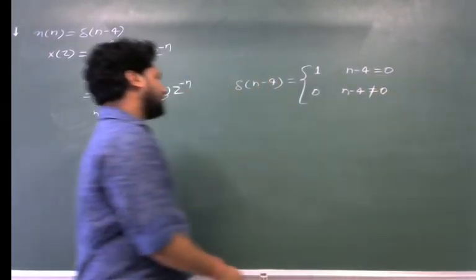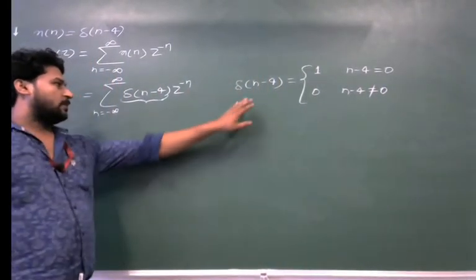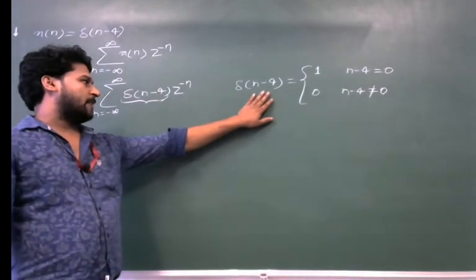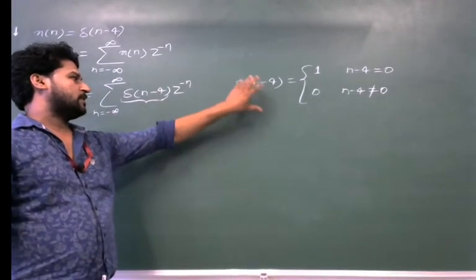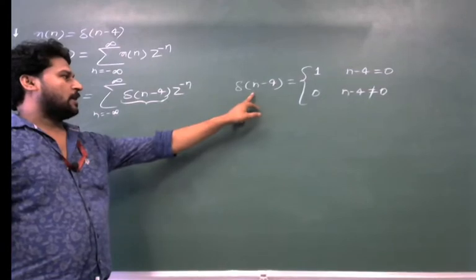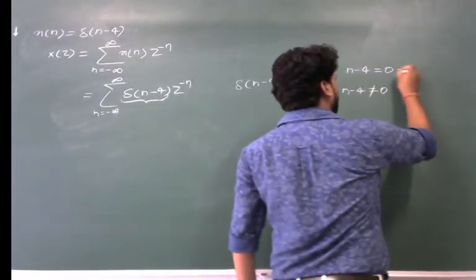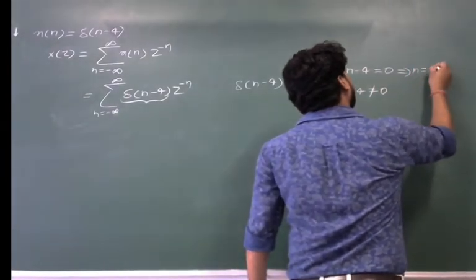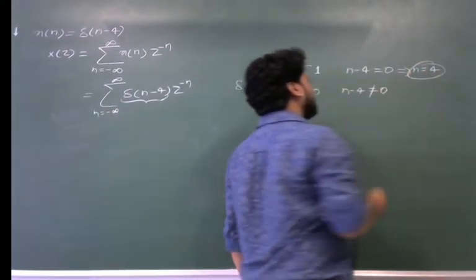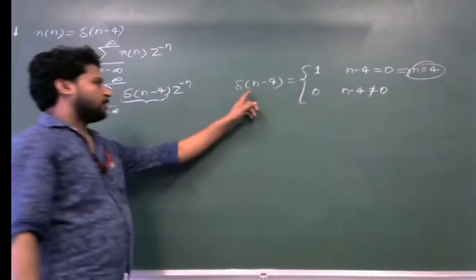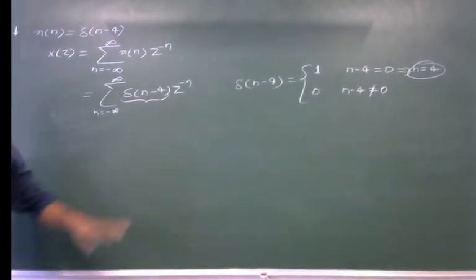Means except n minus 4 equal to 0, for the other values of n minus 4 this delta will be equal to 0, and it will be equal to 1 when n minus 4 is equal to 0, means when n is equal to 4, only then delta n minus 4 will be equal to 1, otherwise it will become 0.